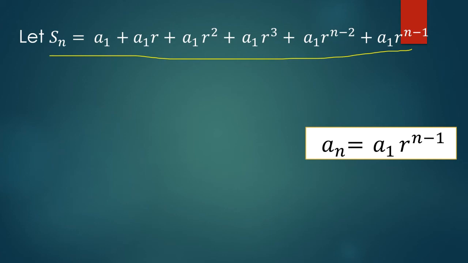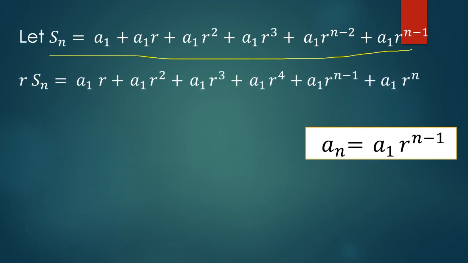Then let's have another equation, but this time we multiply by r, so r times Sn. This is the result. The first term A1 became A1R, and the last term A1R raised to n minus 1, since we multiply another R, becomes A1 times R^n.